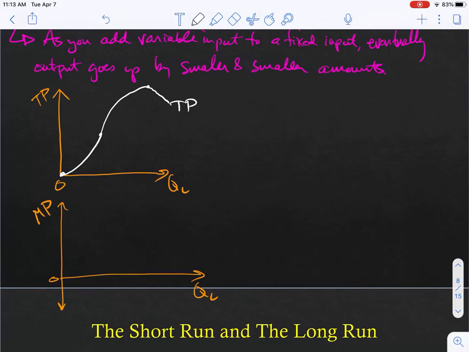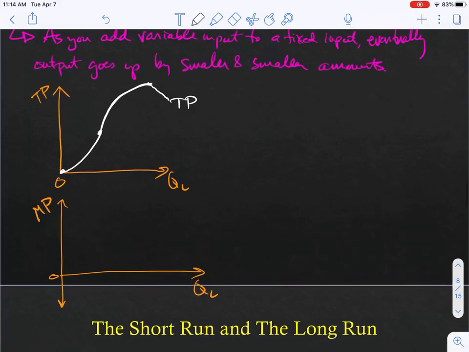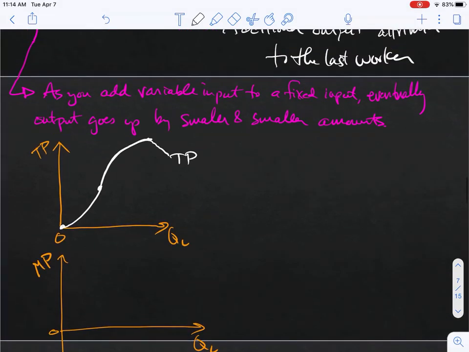This is due to specialization and division of labor. This is when you create an assembly line rather than doing stuff yourself. So you see total product go up quickly, but it usually doesn't take too long until you start to see total product going up at a declining rate. That is, it's getting flatter. Right? So this inflection point represents the steepest slope of the total product curve. Again, you don't have to remember the math side of it, but it might help some of you.